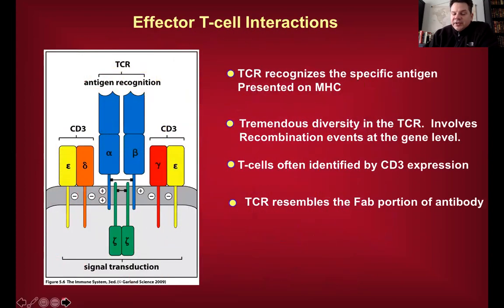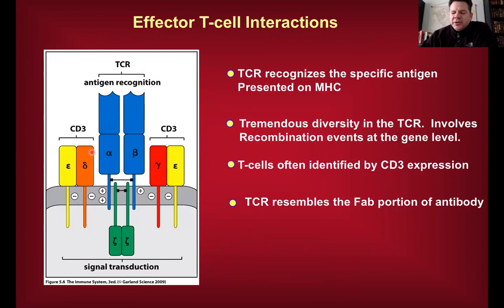Without this, you wouldn't get that tight binding. So this is the T cell receptor. This is going to be the area that binds the peptide, and this will be the area that binds the MHC. The T cell receptor is, of course, located on T cells, and it's in close proximity to these two other transmembrane proteins, CD3.